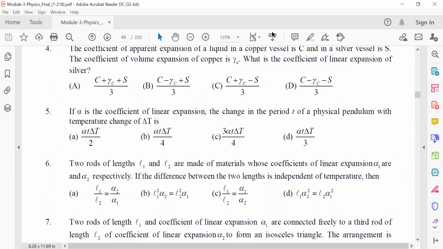These questions all you can solve later. I've done them in class actually, but I've done them indirectly in class with numerical values. All these questions 5, 6, 7, we have done them in class exercise.